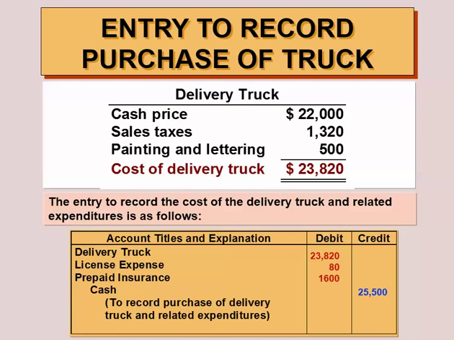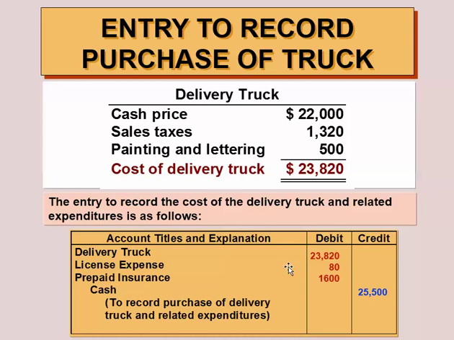So here's an example of how we might actually handle that information. We're buying a truck. The actual purchase price of the truck is $22,000. Of course, we have to pay sales taxes. In this case, it's $1,320. We put lettering on the side of the truck, so the actual cost of the truck is $23,820. Now, when we go to buy the truck, we're going to debit the asset, in this case, delivery truck, $23,820.